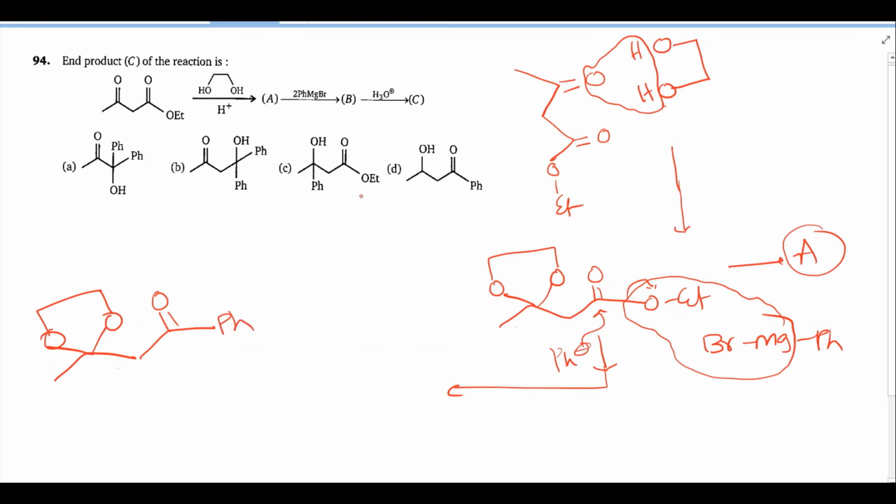You added the Grignard reagent in excess, so further what will happen? Further the Grignard reagent will react. So PhMgBr, this negative charge is attacking here. Then the bond shifted like this.